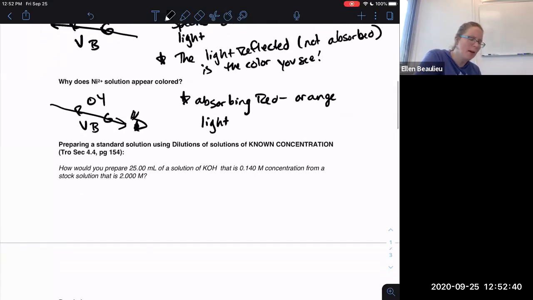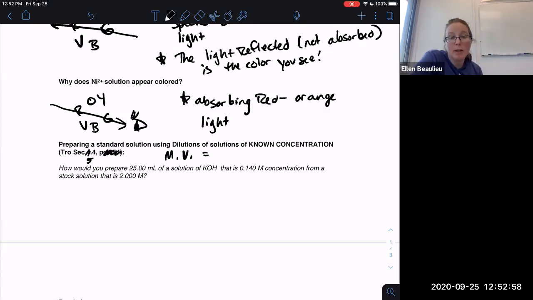The first type of calculation you were asked to do in this lab was a dilution calculation. I think this is now 5.4 and this page isn't relevant, so I'm sorry, that's an old reference to the older textbook. But remember, there's a shortcut for dilutions.